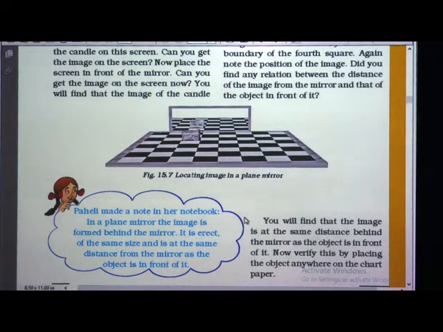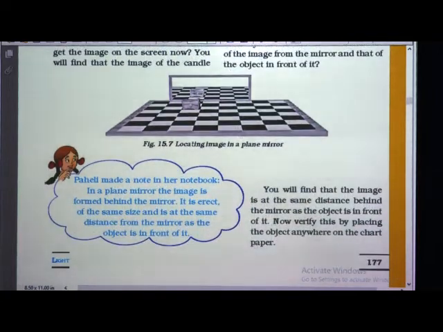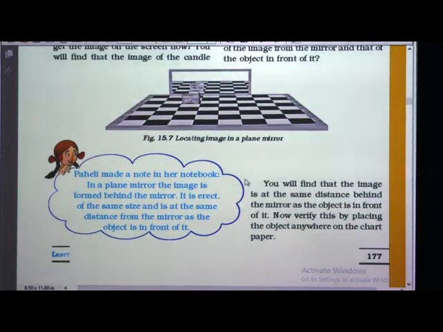So this is the first step of this activity, that initially you put this sharpener at the fourth row or the fourth square. Next you have to move this sharpener to any position on this chess board and observe what you get.